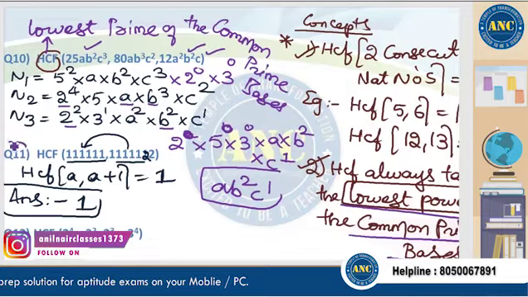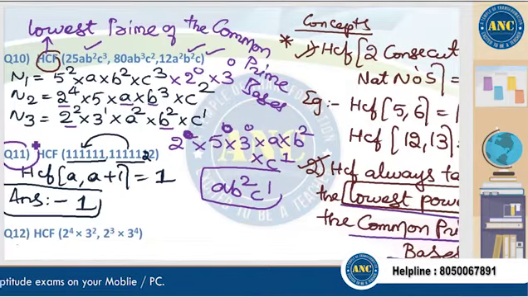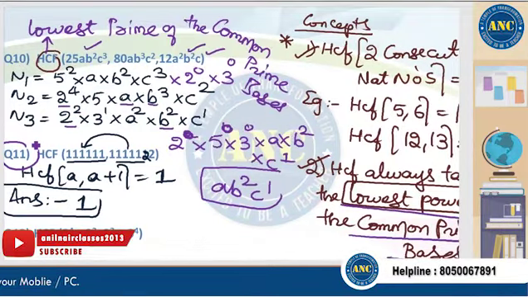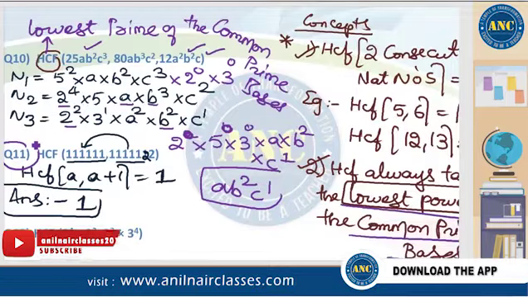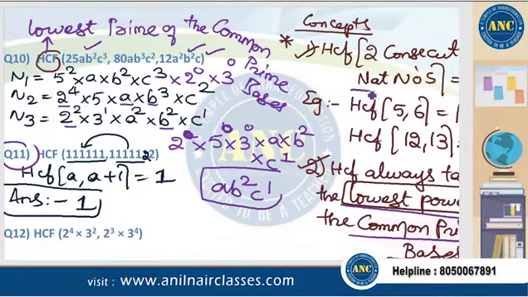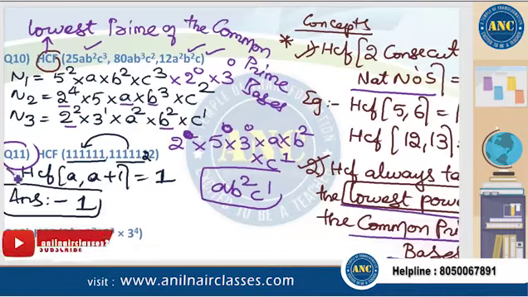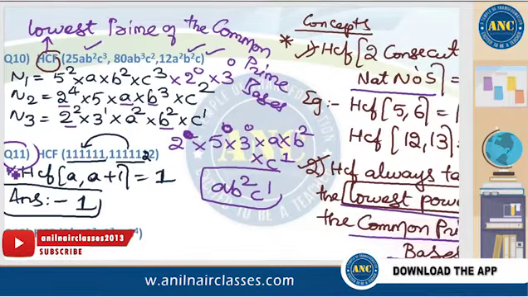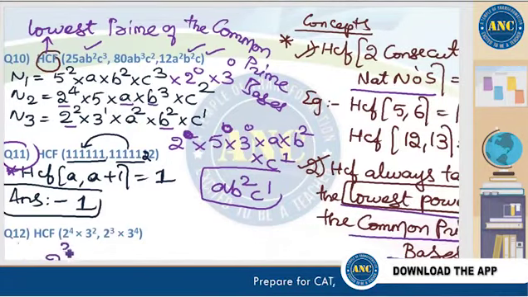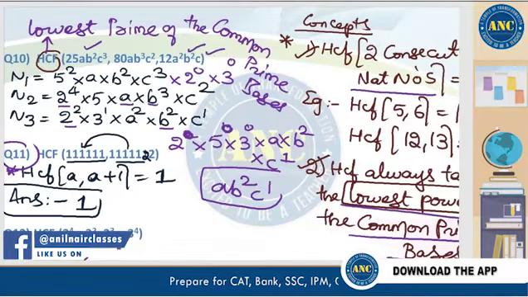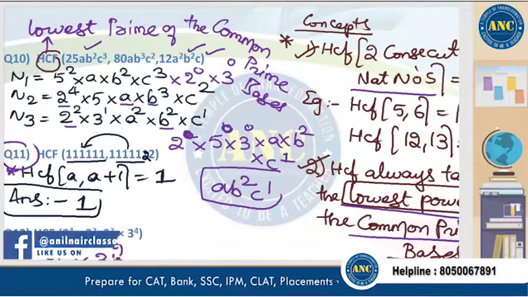Question number 11: we used HCF of any two consecutive natural numbers. They both are consecutive natural numbers, so it is 1. Similarly, 2 cube, 2 power 4: lowest is 2 cube. 3 square, 3 power 4: lowest is 3 square.